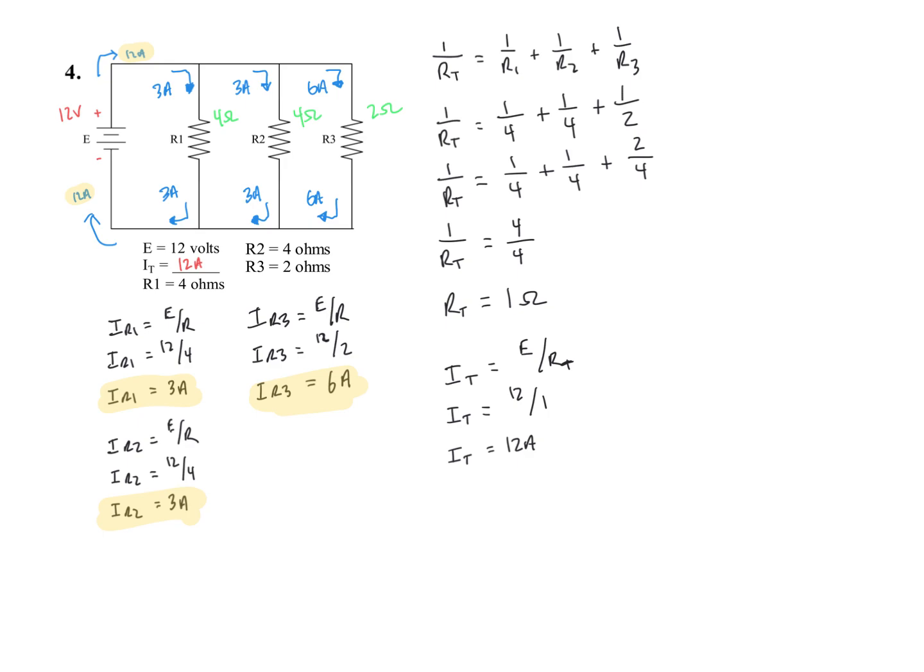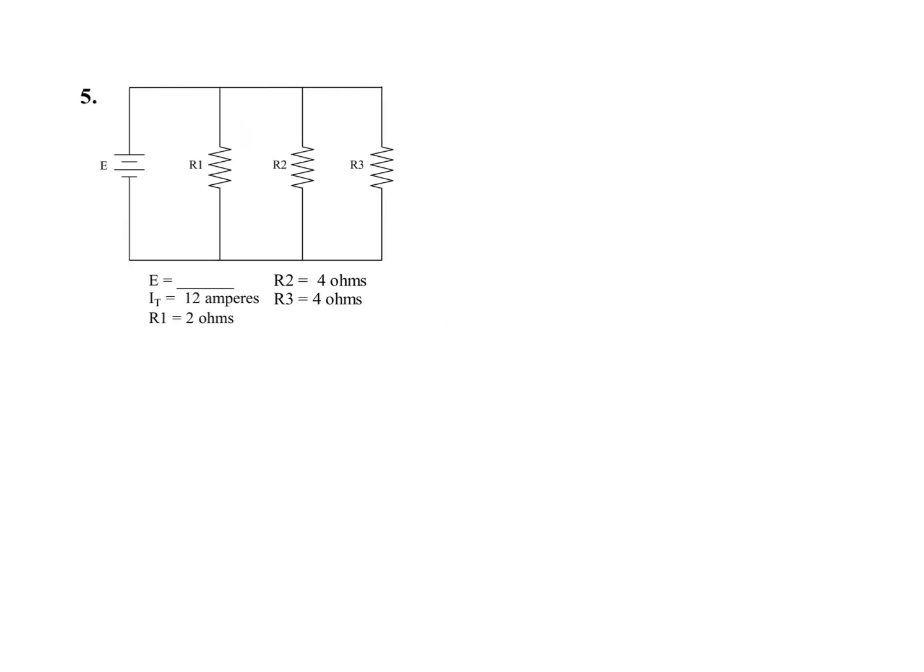All right, let's take a look at number 5. For question 5 here, we've got something similar, but we're going to be solving for voltage. So I'm going to put in what I do know.